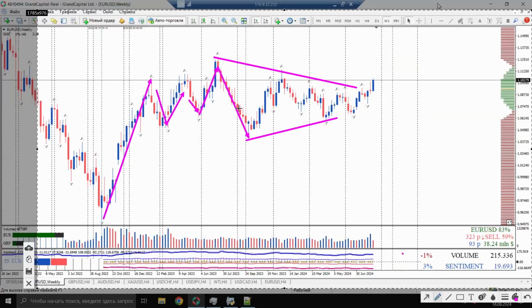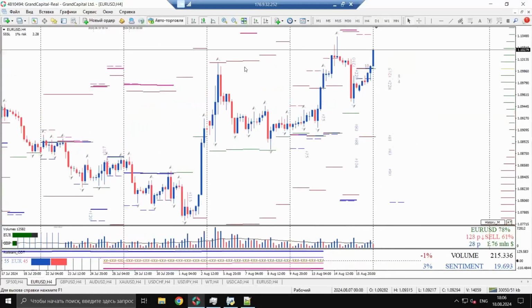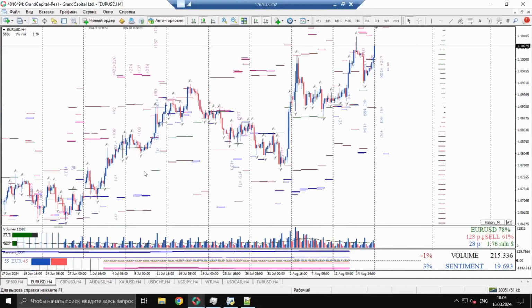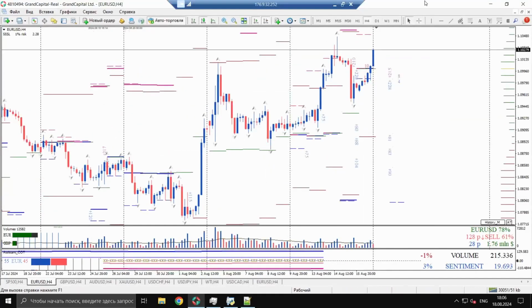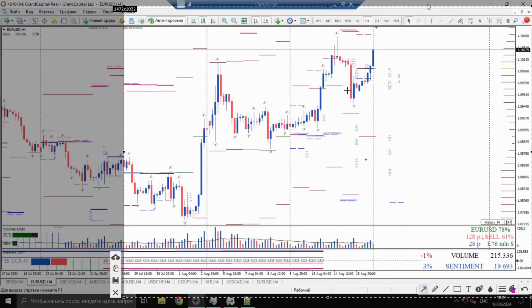In essence, we had an impulse and entry into the triangle through a flat pattern. Here is our flat correction structure in wave A, B, C, D, and wave E of the triangle from which we began to rise. So in this global structure, we have a diagonal triangle, which is likely an initial one. And therefore, friends, the thing is that with initial diagonal triangles, there's always a problem.